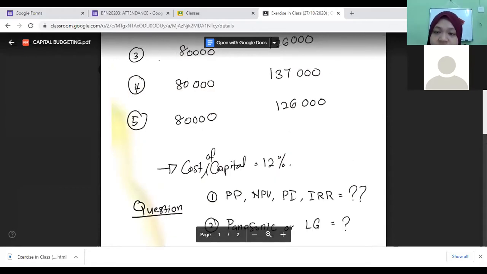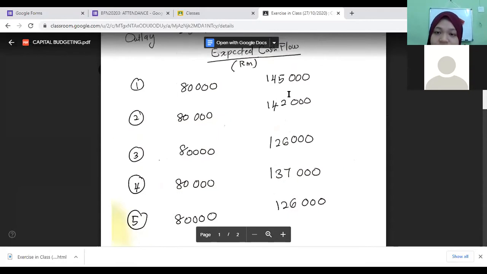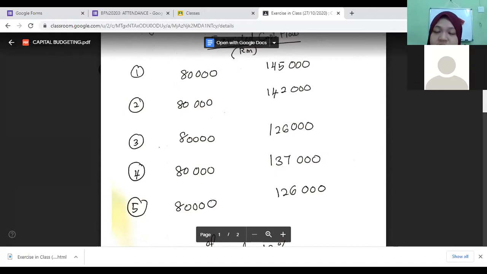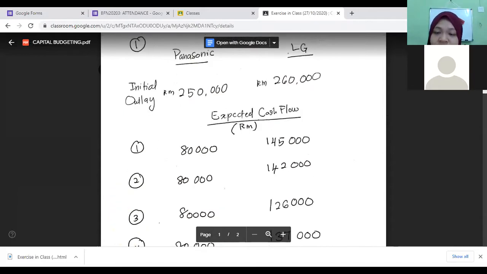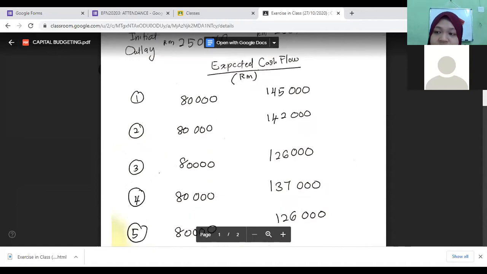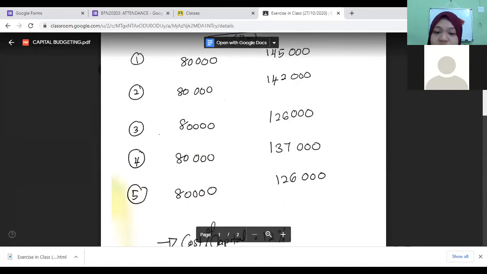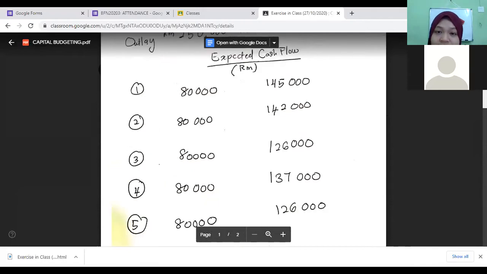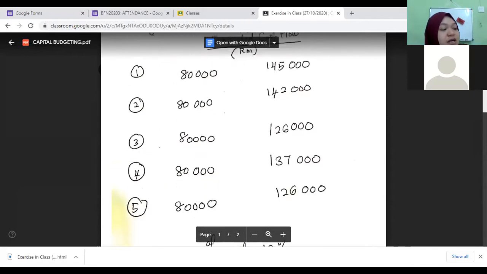IRR for LG, we cannot calculate IRR for variable cash inflow because that is a different technique. Usually we will use a specific calculator to calculate the IRR for uneven cash flow.